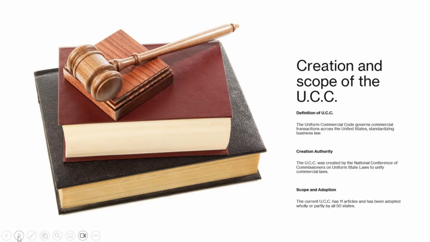It is a standardized way of handling business law matters. It was created by the National Conference of Commissioners on Uniform State Laws to unify commercial laws across the country. And the current UCC has 11 articles and has been adopted wholly or partly by all 50 states.